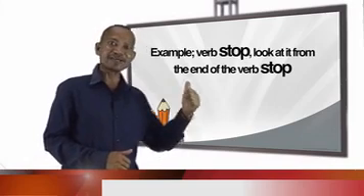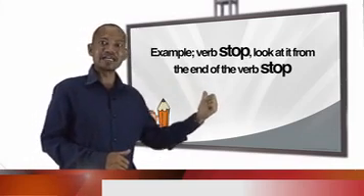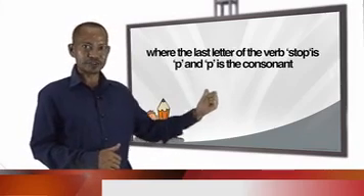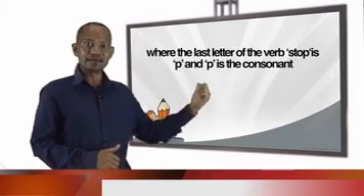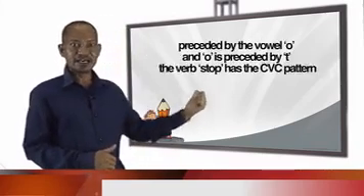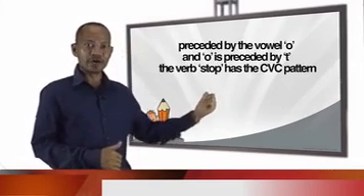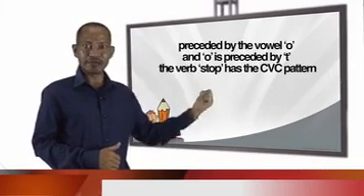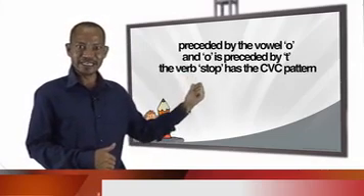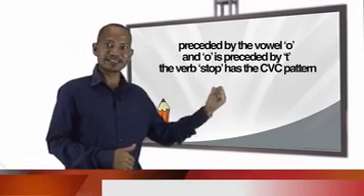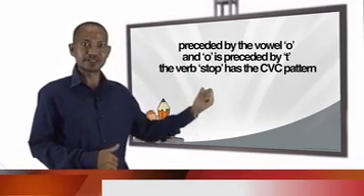I would suggest to look at it from the end of the verb stop, where the last letter of the verb stop is P, and P is the consonant, and preceded by the vowel O, where the vowel O is preceded by the consonant T again, where in this case the verb stop has the CVC pattern.